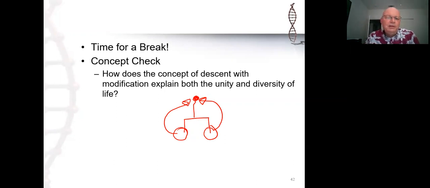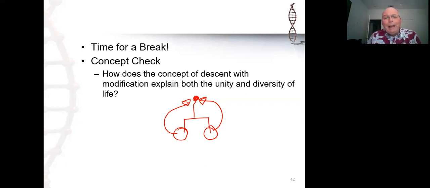So descent with modification explains the diversity because each population that develops into a new species develops its own unique set of characteristics as a consequence of adapting or evolving to better suit the environment that they find themselves in. That's the origin of the diversity, by descent with modification.